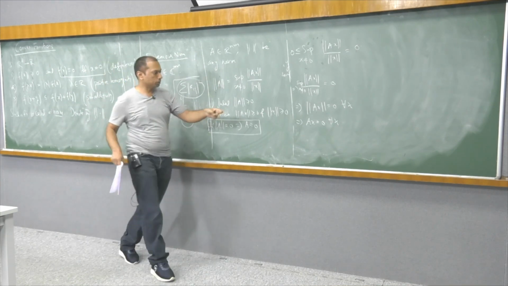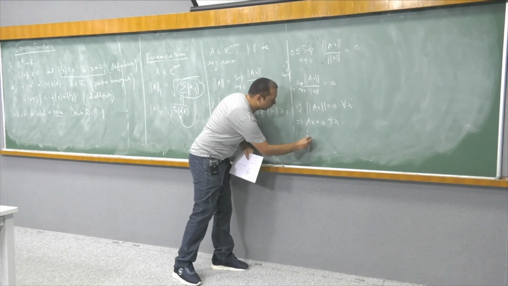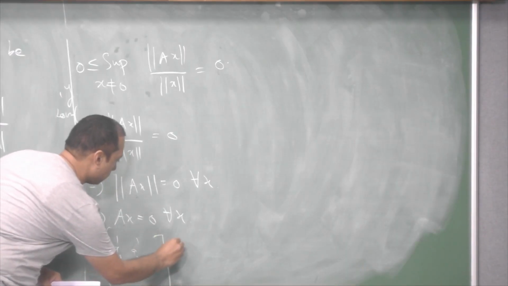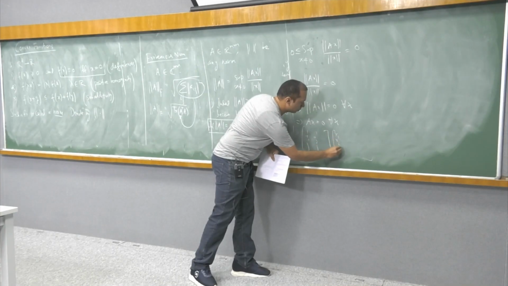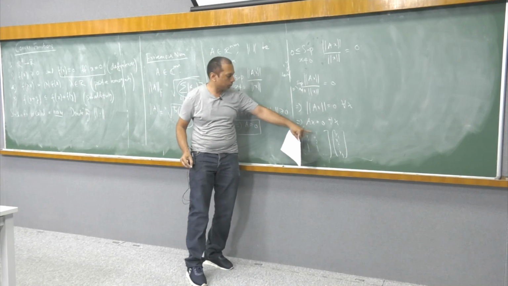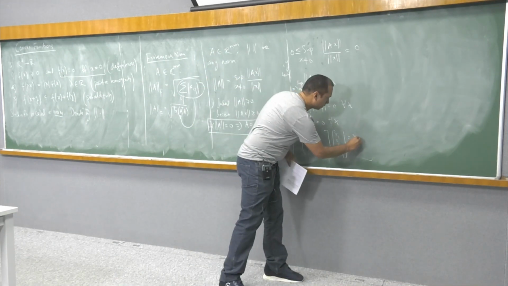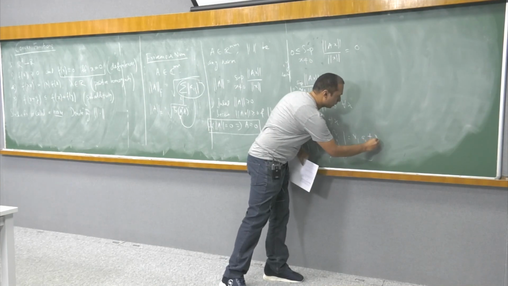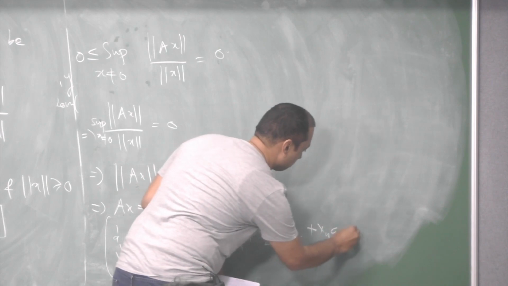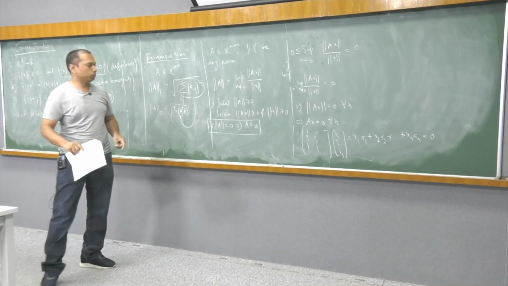So if I write this as A1, A2, these are my columns, and then I have x1, x2, xn. Matrix times vector in column view is x1 times column A1 plus x2 times column A2 plus xn times column An, which is 0.